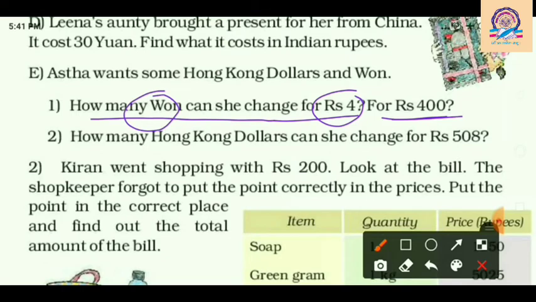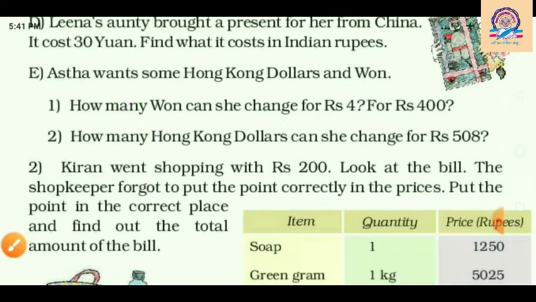So come to the table, and there you will see that one Korean won makes 0.04 rupees. So 4 rupees is how much won, and 400 rupees is how much won.